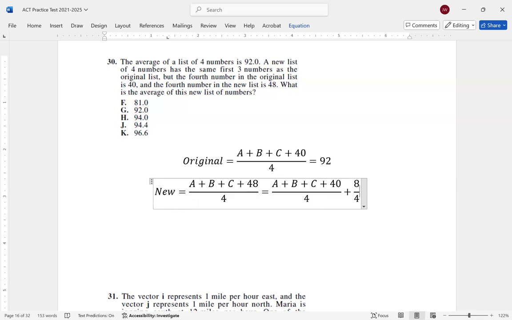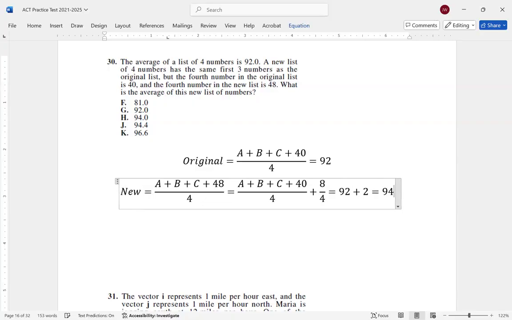So that's what we get. Notice that this number is what we have above, which is 92. And then 8 divided by 4 is 2. So we end up getting 92 plus 2, which is 94. So 94 is the correct answer to question 30, and that is option H.